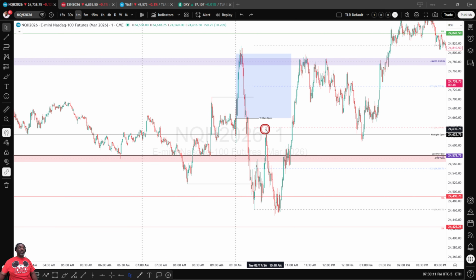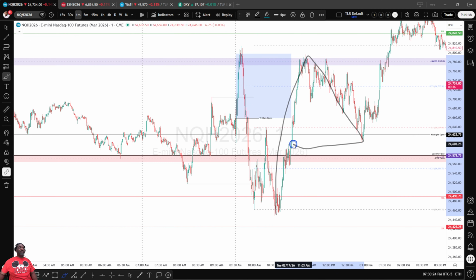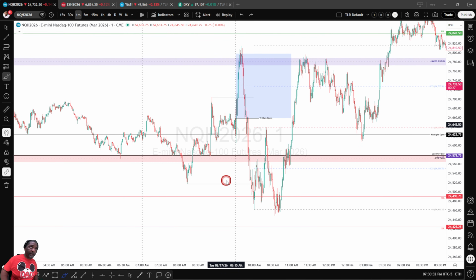Stop there, come all the way back down, sweep sell side, then expand up, retrace back down to the discount into the bullish breaker below midnight, and then go back up to the liquidity again.